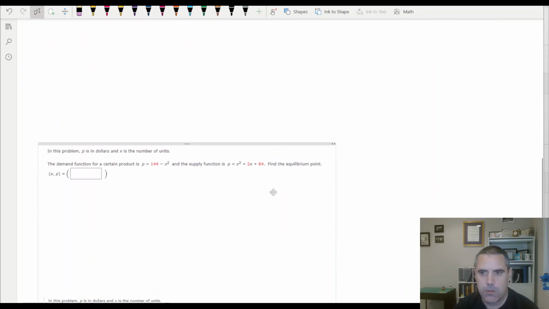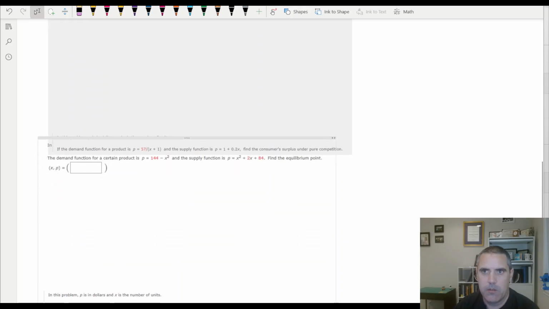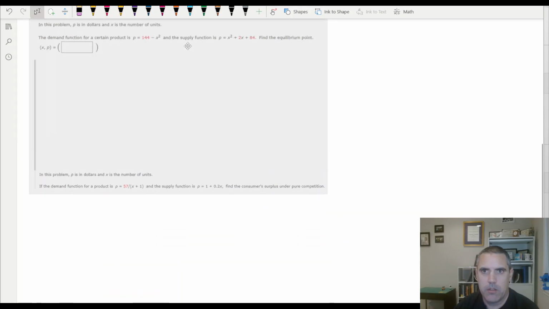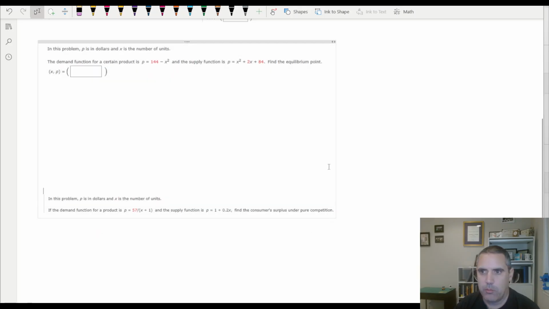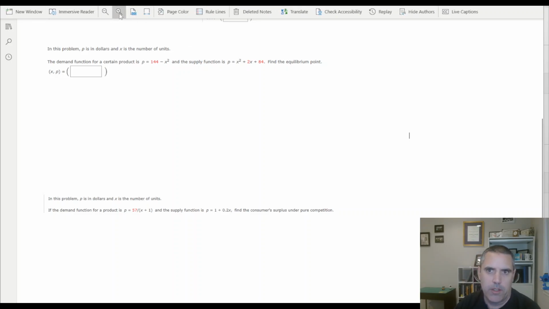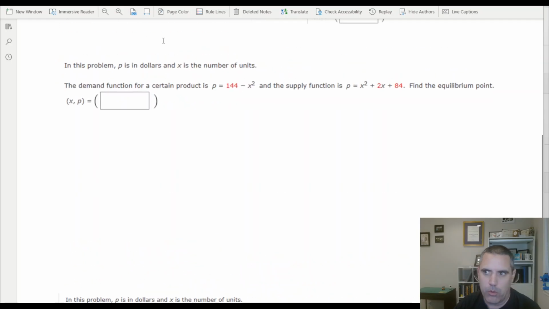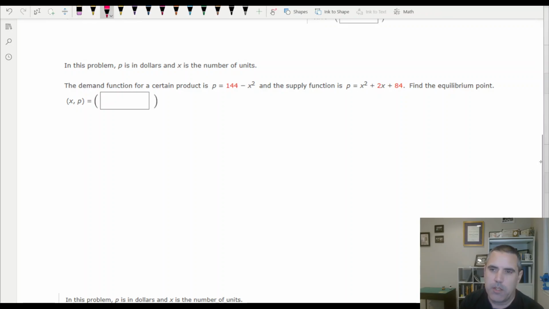All right, so let's grab a couple of these. We'll bring them up here. And these are a couple problems from your current homework. They're going to ask you to do more after you find the equilibrium, but first you're going to find the equilibrium. So here's a reminder. They're giving us two parabolas.